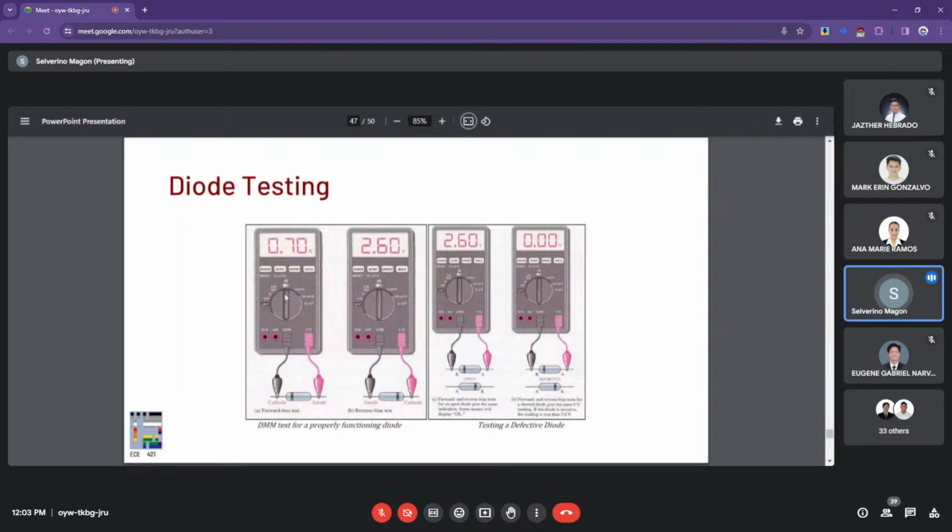So usually you can point the selector switch to a diode tester application. It usually has, in some cases, a buzzing sound if it's okay or not. What this device is doing is applying a voltage supply across, and then it measures the voltage drop, if it's still functioning.